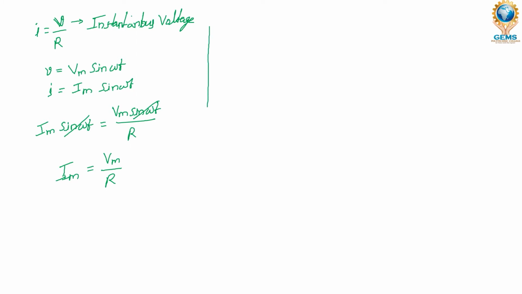In a waveform we have an average value. When the waveform is like this, here the voltage is 100 volts, but at this point the voltage is 50, and at this point it will be 30 volts, like this.